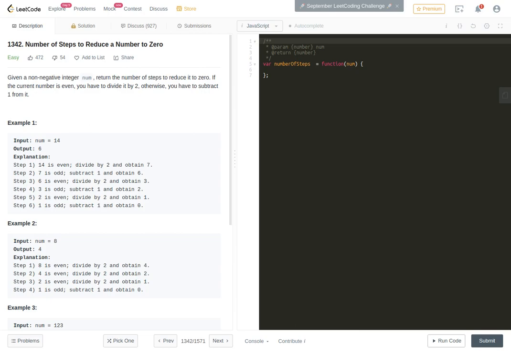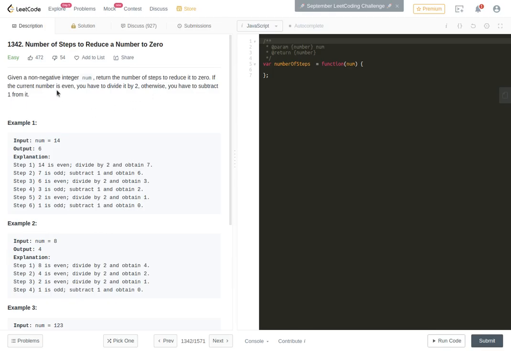Before we look at their thing, let's just play this out. So we're given the number 14. Right, so what was the rule if it was even? If it's even, divide by 2. So let's write those rules somewhere.